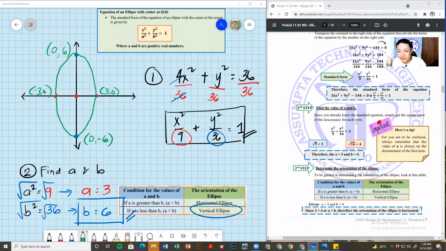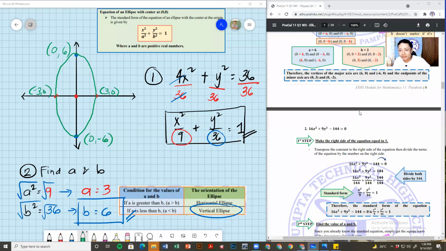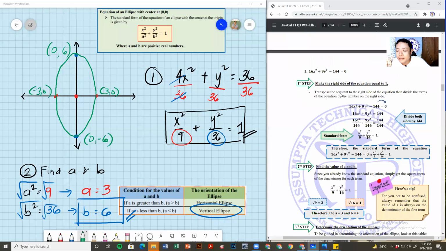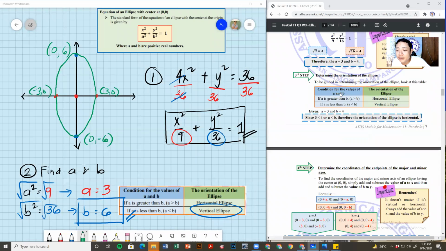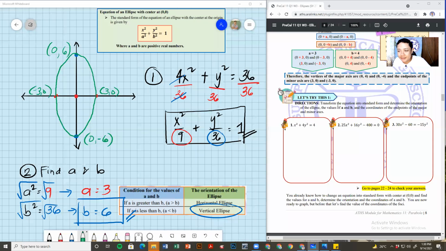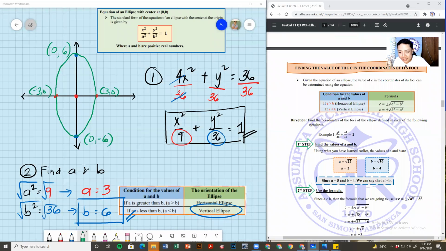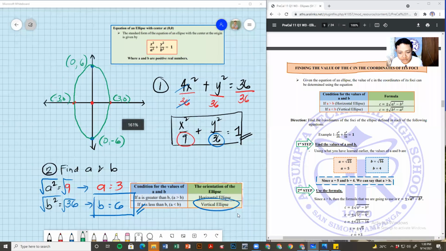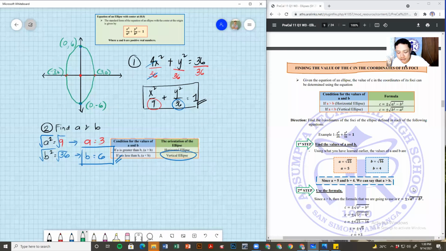Okay? So to identify the foci, we have the foci here. Where are you, foci? Here, finding the value of the foci. Ready? So for our foci, we have these notations that we need to consider.